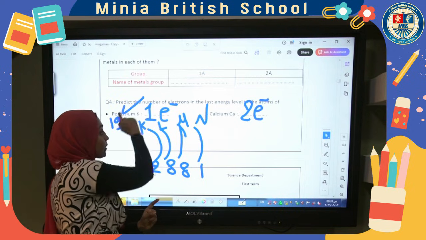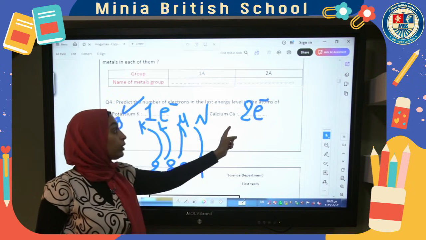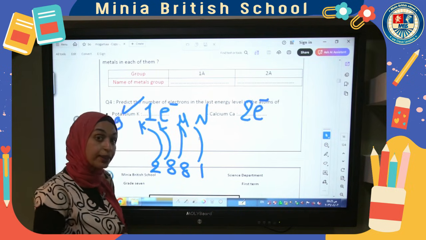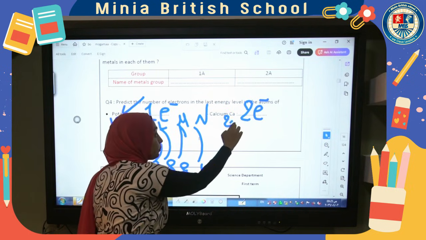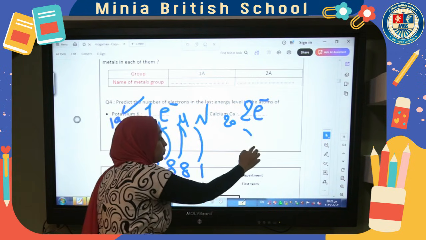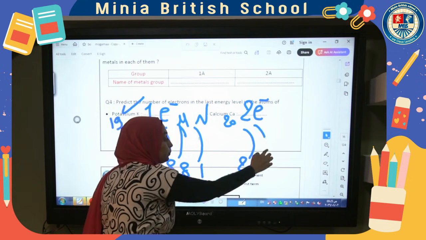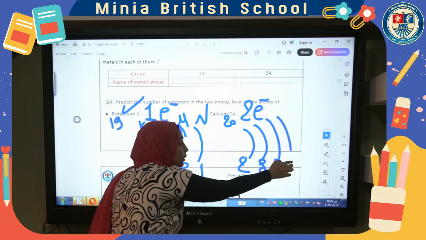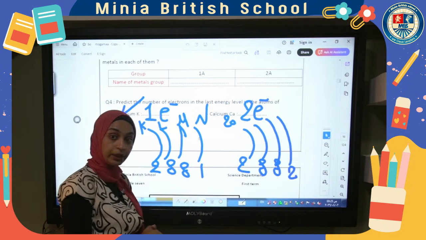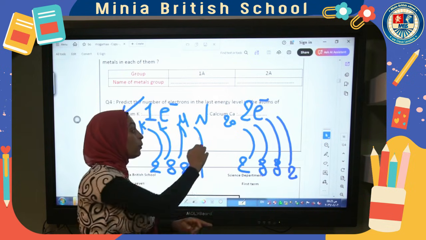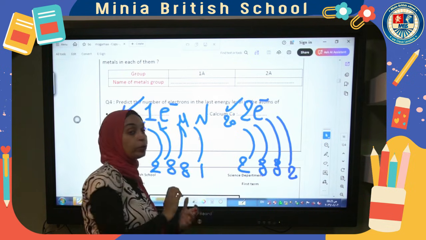So my answer is right. What about calcium? I want to make sure that it contains 2 electrons. Its atomic number is 20. Let's distribute it: 2, 8, 8, 2, right? So the last energy level contains 2 electrons. So my answer here is also right.